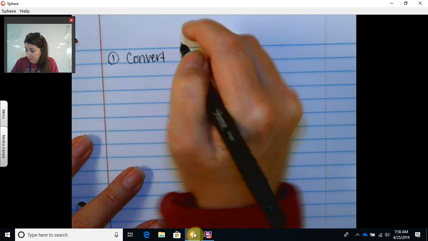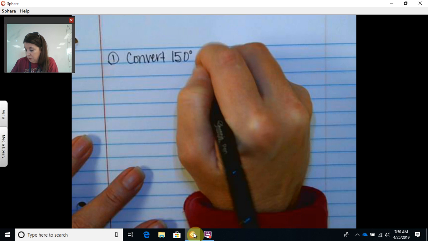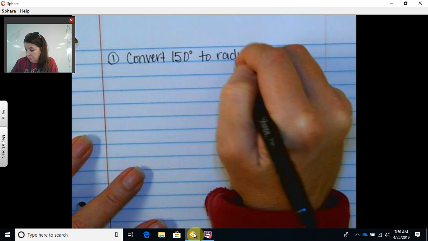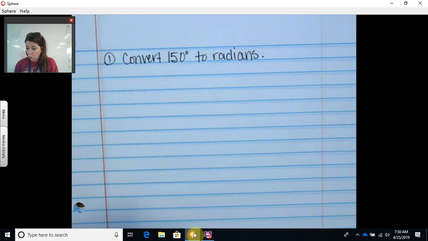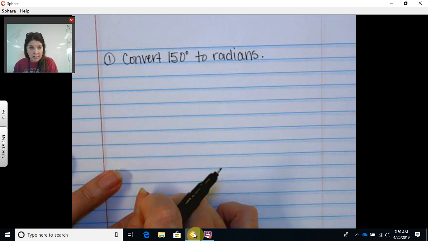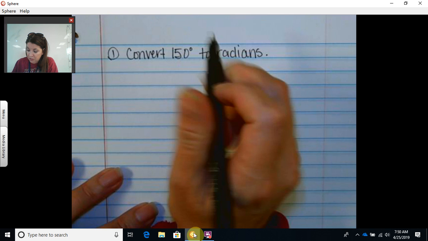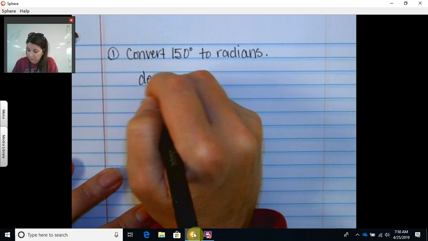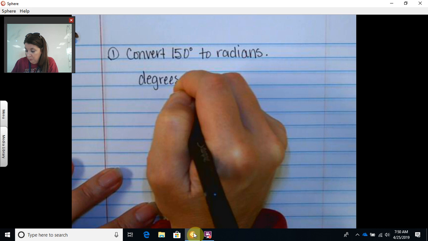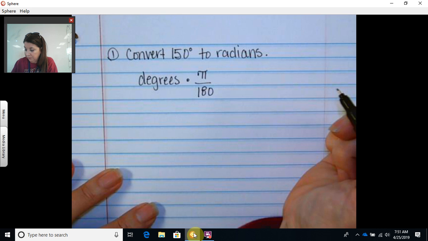All right, let's practice. Convert 150 degrees to radians. So remember, when you're converting degrees to radians, you take your degrees and you multiply by pi over 180.